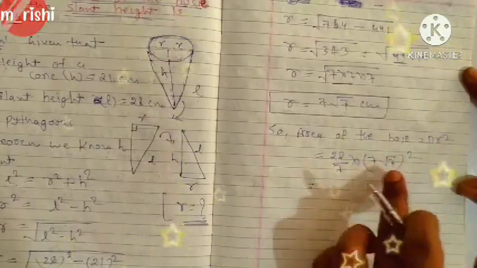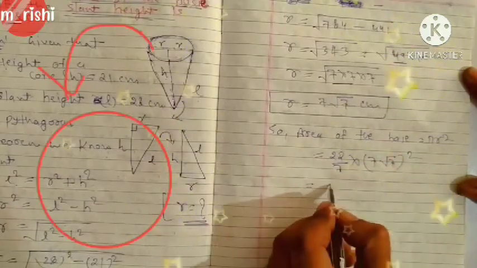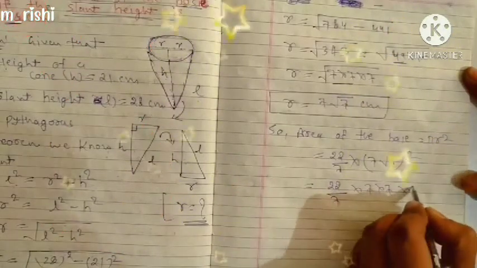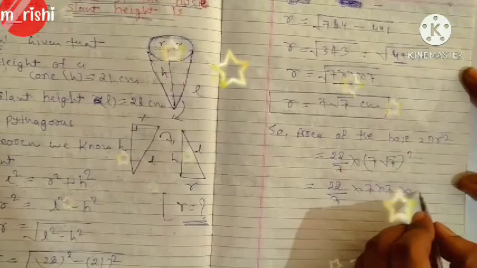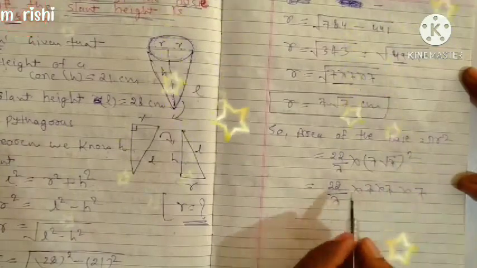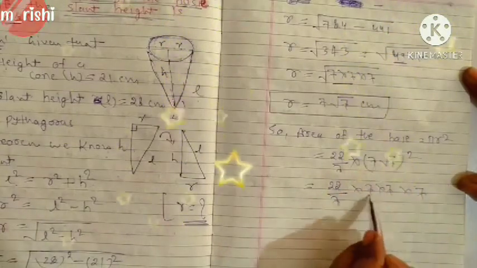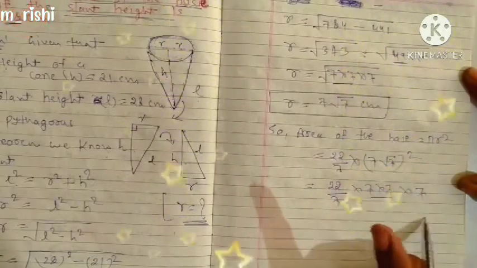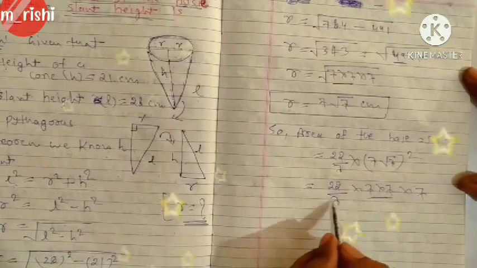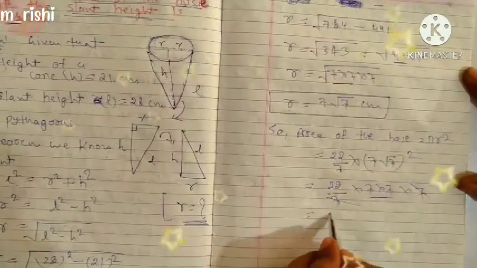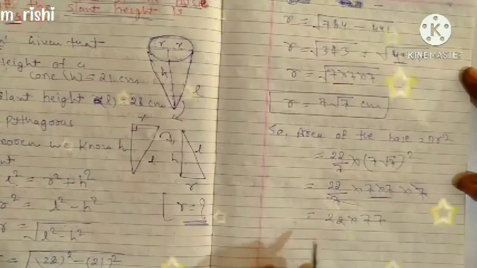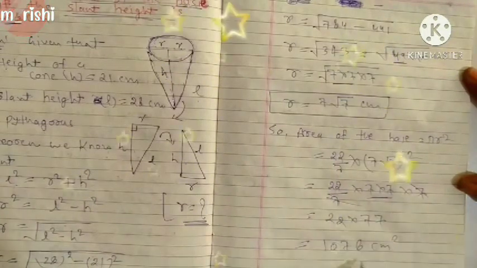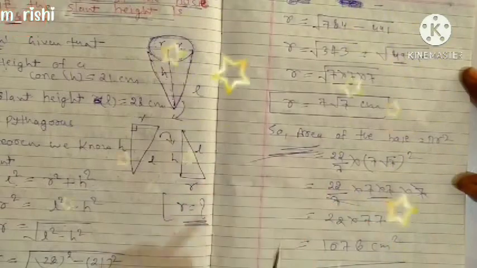Pi is 22 by 7. The under root cancels with the square, so 7 times 7 times 7, and 7 cancels out. So 22 multiplication 49 equal to 1078 centimeter square. Thanks for watching.